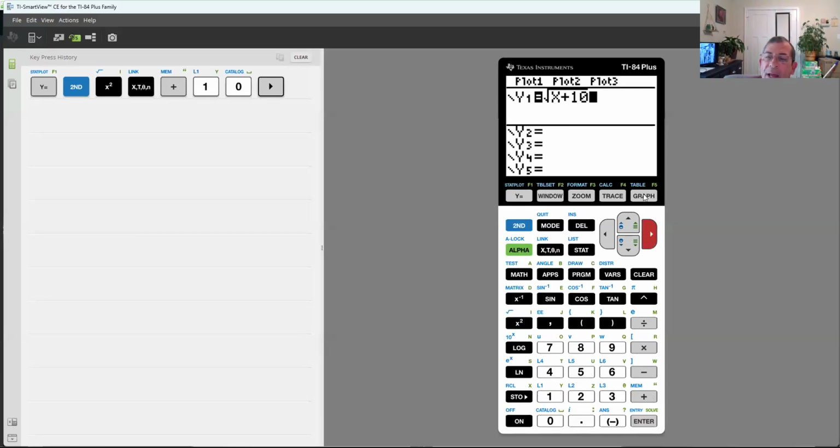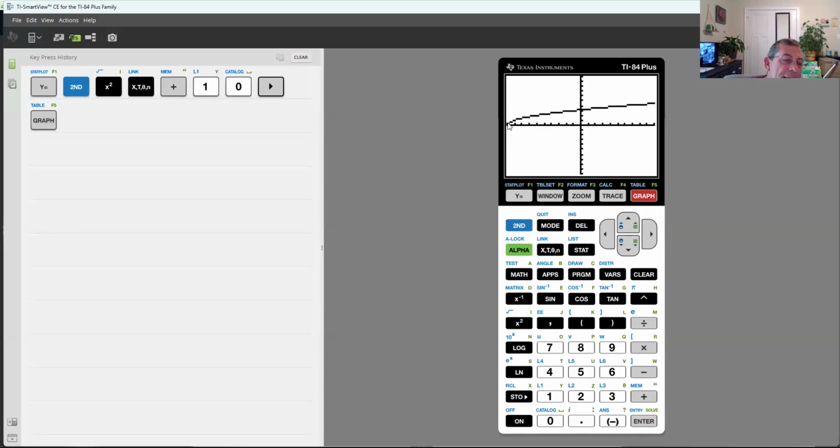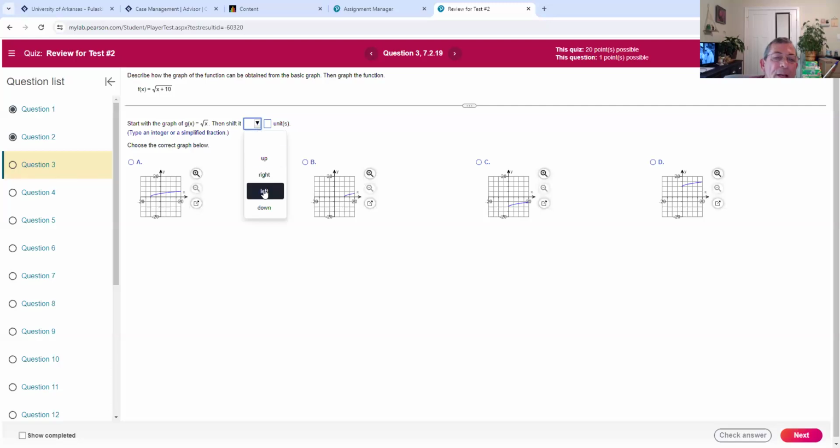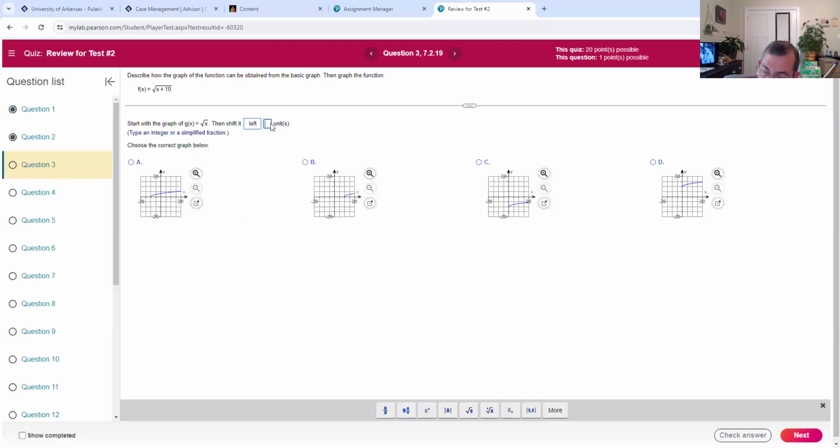Watch what happens when I hit graph. Y'all notice, it's not starting in the center no more. This thing is way over here at -10, starting its graph, okay? So that's actually going to move us left 10 units.